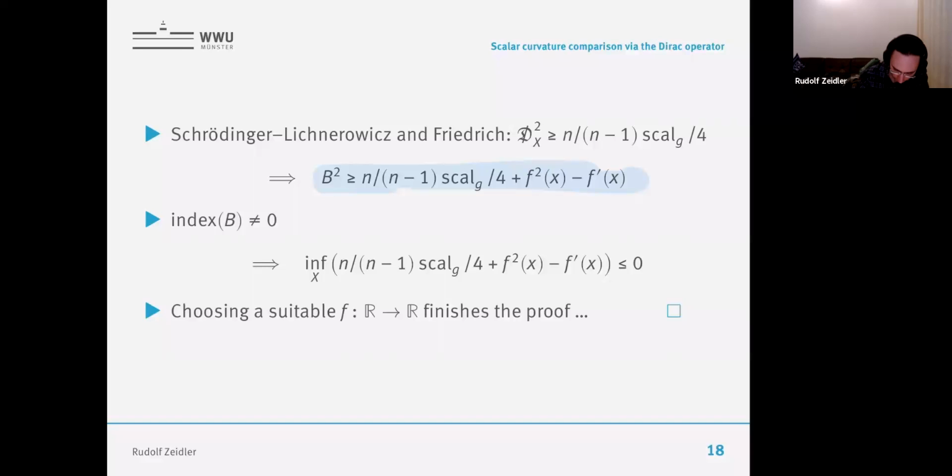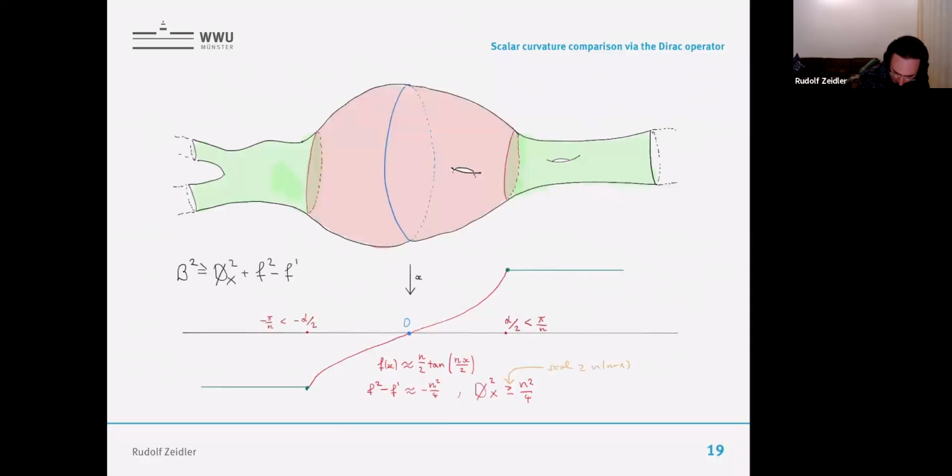It's a bit annoying to do this, but if you only think about it approximately, it's kind of clear what happens. So the idea is that I have this lower bound here by the Dirac operator squared and this expression here, and here I have the scalar curvature term.